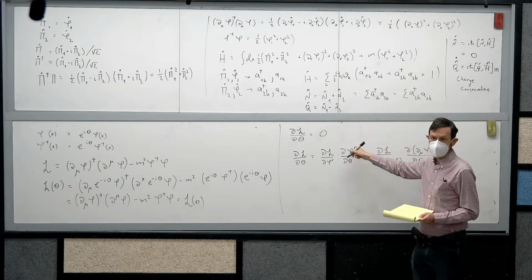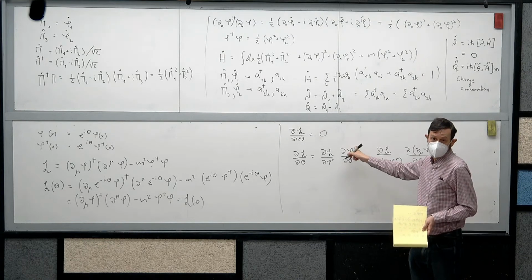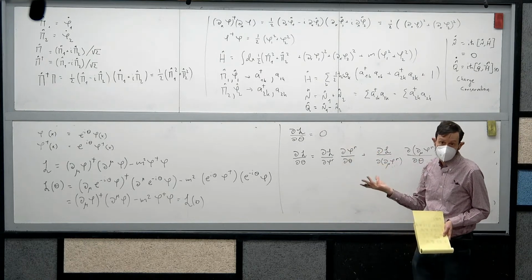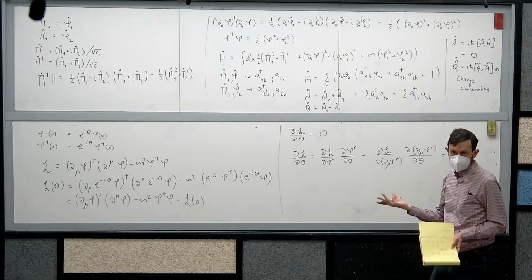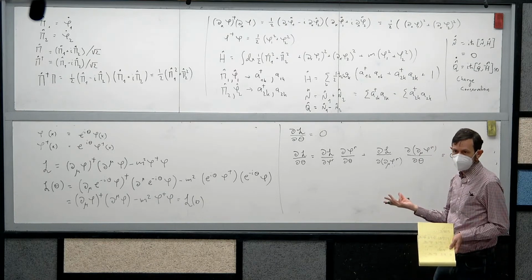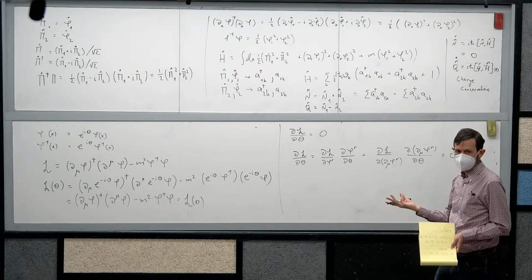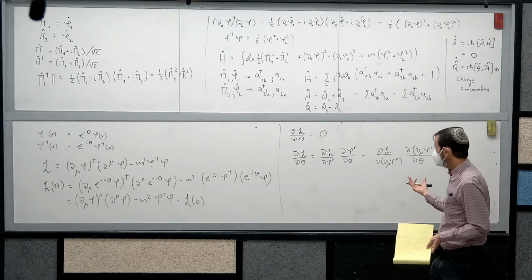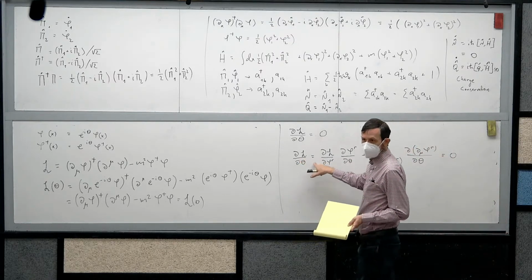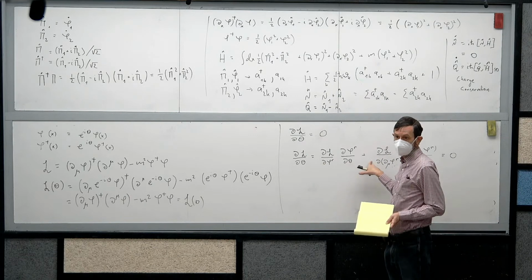And now R is just with a dagger and without a dagger. Those are the two components of the fields that I have here. Okay, so all I did here is basically writing down the derivative.